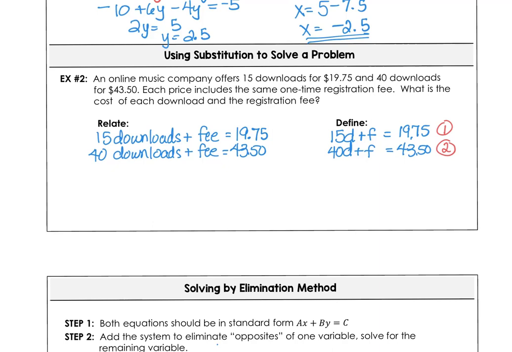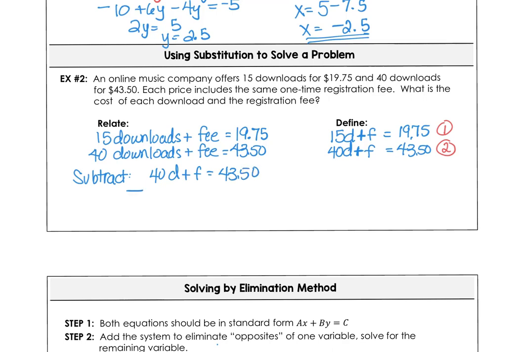Another approach is we can solve by subtraction, because you notice that you have plus F and plus F. So if we subtracted the two equations from each other, we would have 40D plus F is $43.50.